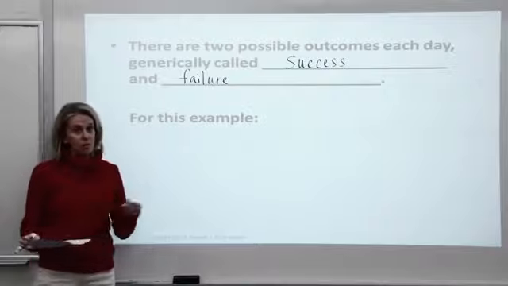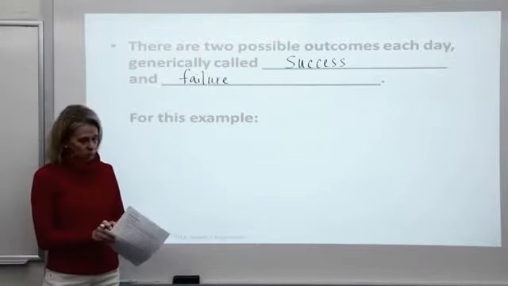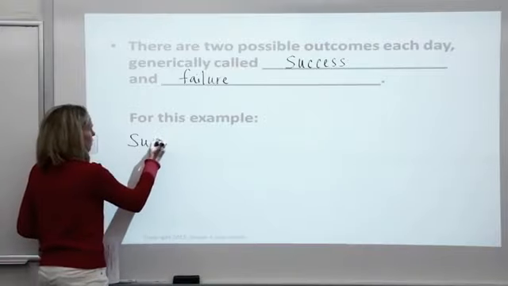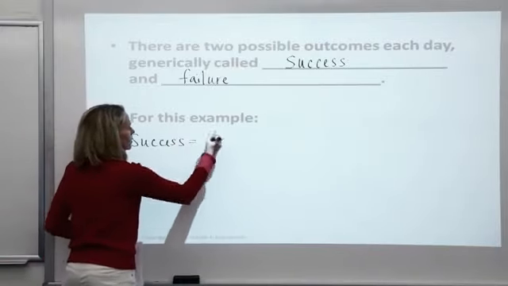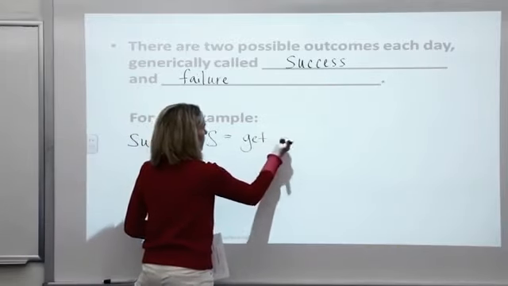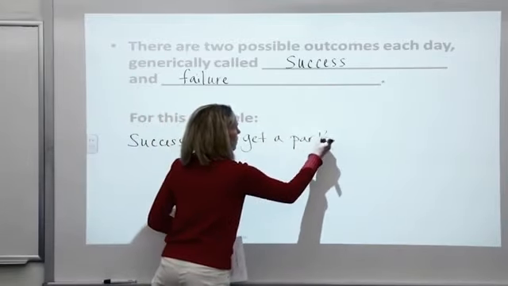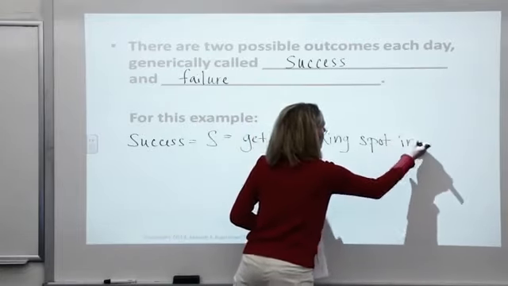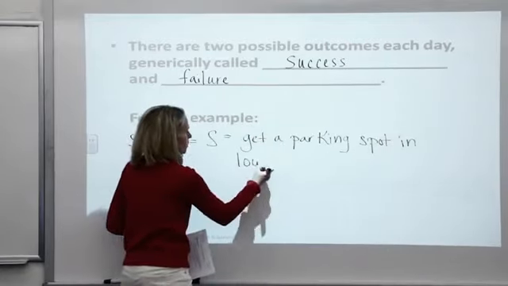They are just labels. It doesn't matter which one you call a success and which one you call a failure, but it makes sense for this one to call a success that you get a parking spot in the lower lot. And then our failure will be that you do not.